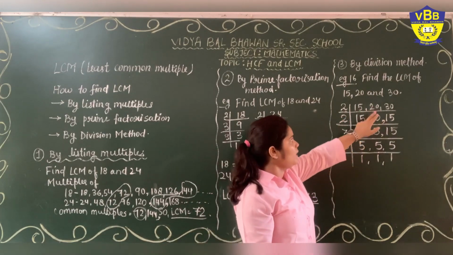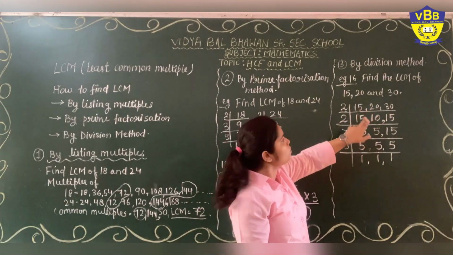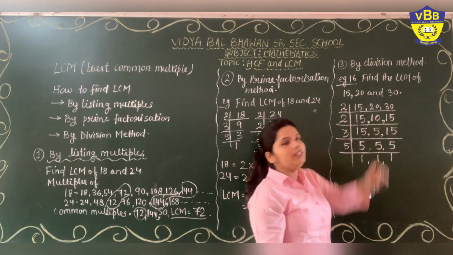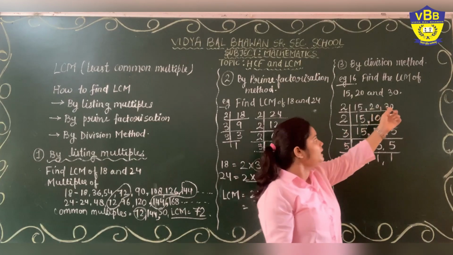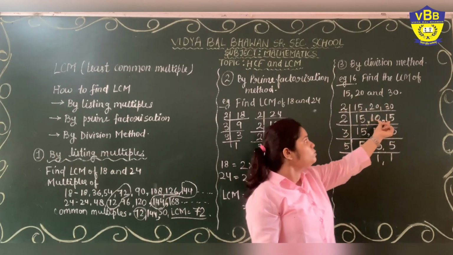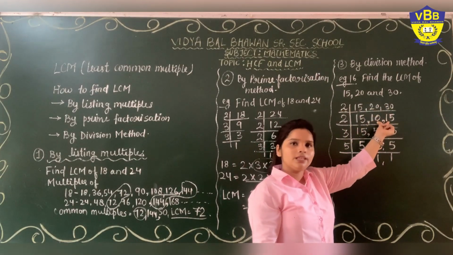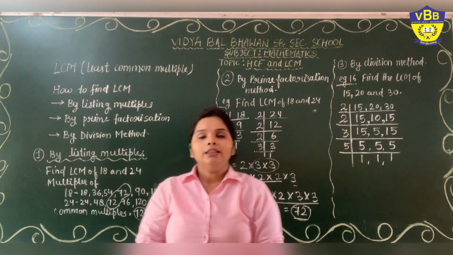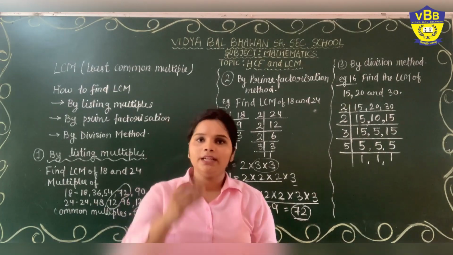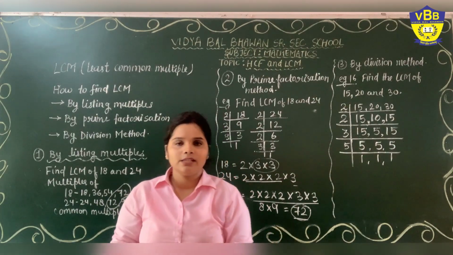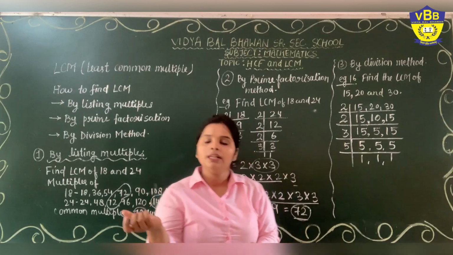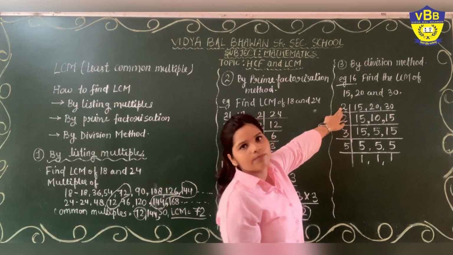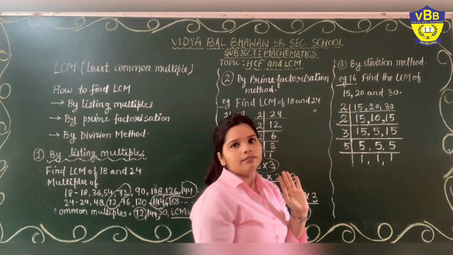Just like here, 15 is not divisible, so we have written 15 as it is, and 20 and 30 are divisible, so 20 and 30 are divided by 2 and written in the next step. The number which is not divisible is written as it is in the next step, and those which are divisible are divided. This much we have done.